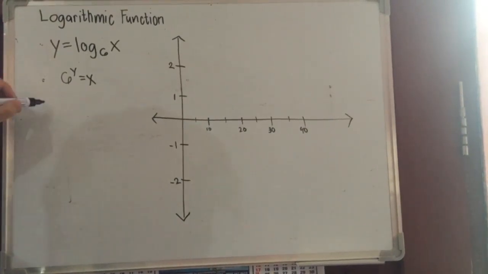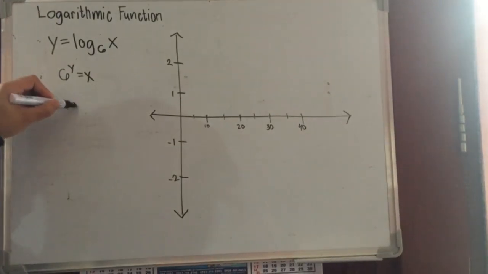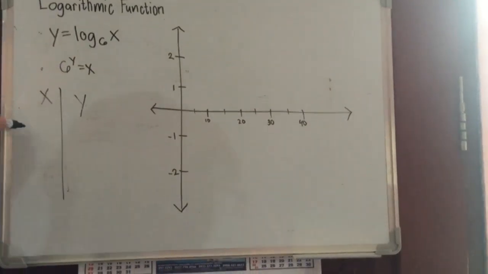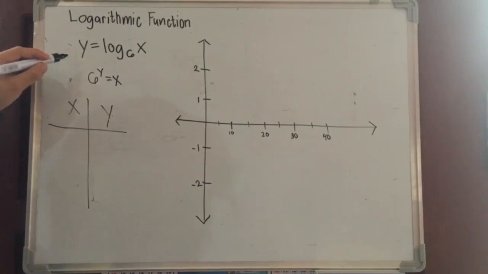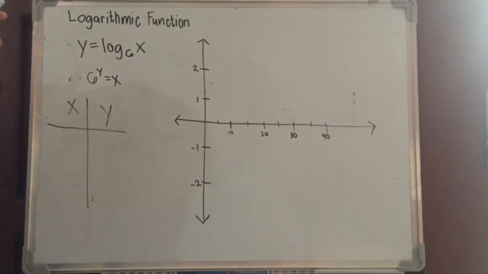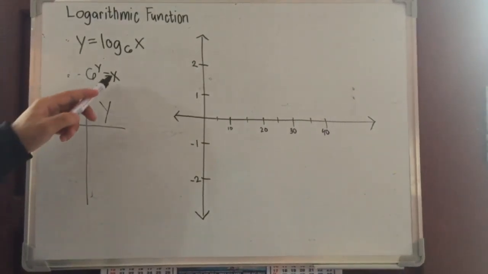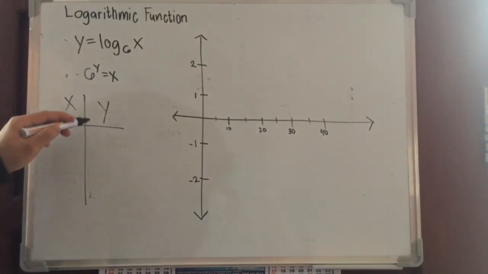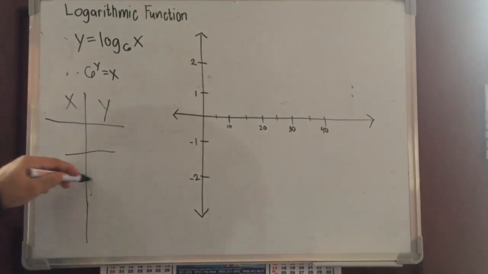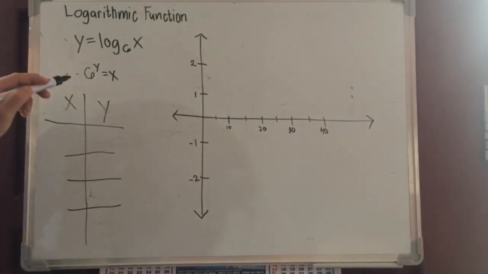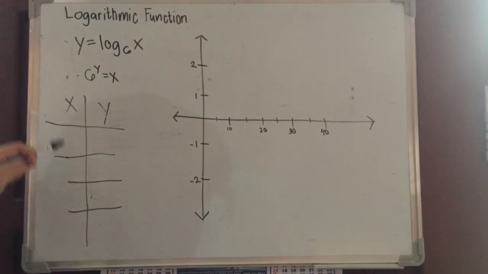Then to graph it, let's make a table to plot the points x and y. Since we will be using this equation, our independent variable will be y and our dependent variable will be x. So we will be the one to give the value of y. We choose numbers that give us a much easier value of x.